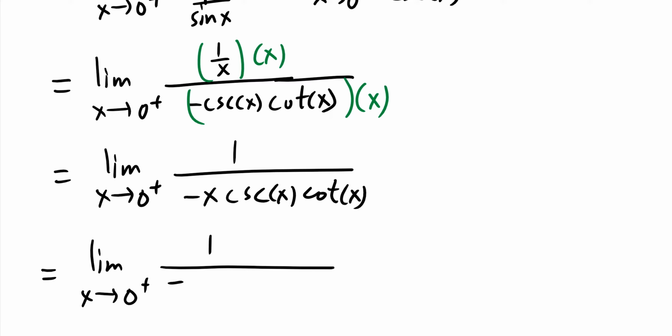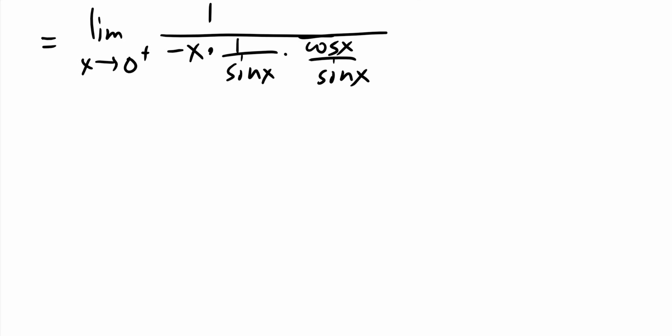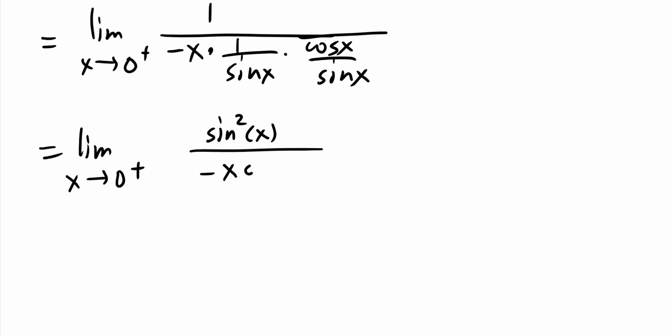So one thing I can do, as I mentioned earlier, is convert things into sine and cosine. So this is cosine x over sine x. And then I'm going to try to simplify this. So the limit as x goes to 0 plus. Here we got sine squared x on the top, and the denominator negative x cosine x.